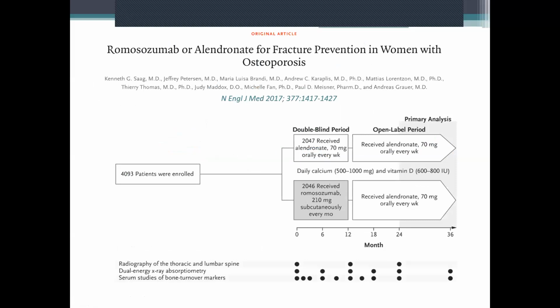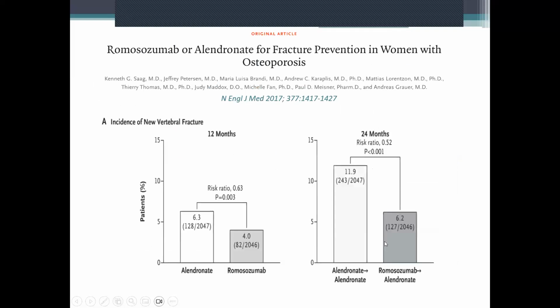So this is a study comparing romosozumab and alendronate for fracture prevention in women with osteoporosis. It was a double-blind study. In the first arm, patients received alendronate every week and continued to receive that after the 12-month period. In the second arm, patients received romosozumab for 12 months, and then subsequently they were transitioned over to alendronate.